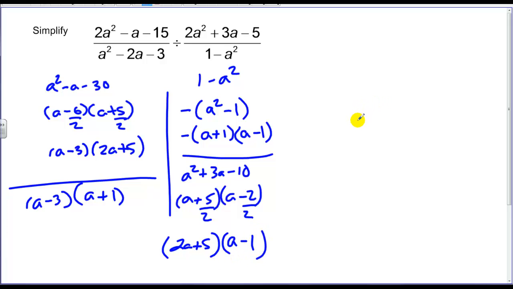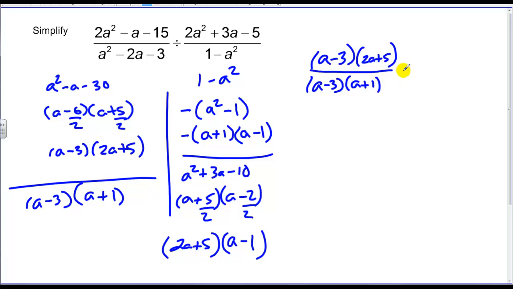Again, I'll rewrite this problem in factored form. So I have an a minus 3 multiplied by 2a plus 5 over a minus 3 times a plus 1, multiplied by a negative a plus 1 times a minus 1 over 2a plus 5 and an a minus 1.